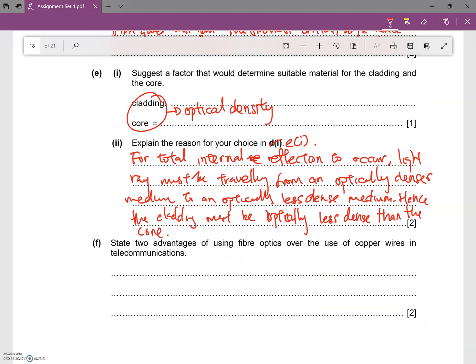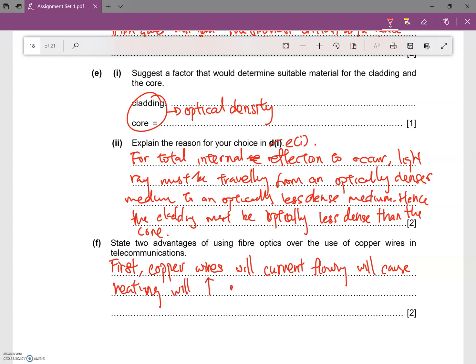State 2 advantages of using fiber optics over the use of copper wires in telecommunication. First, copper wires with current flowing will cause heating, which increases the resistance, hence energy is lost.